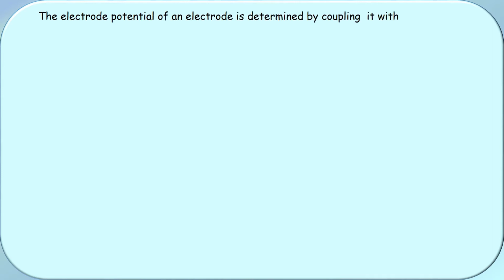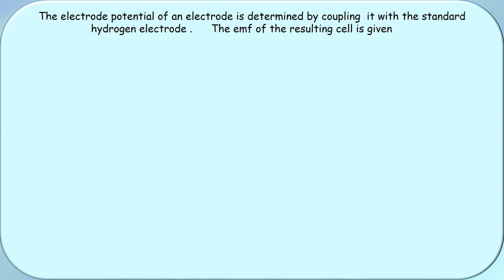We have seen that the electrode potentials of other elements are either greater or lesser than the standard hydrogen electrode. And the electrode potential of an electrode is determined by coupling it with the standard hydrogen electrode. The EMF of the resulting cell is given by E0 cell is equal to E0 cathode minus E0 anode.